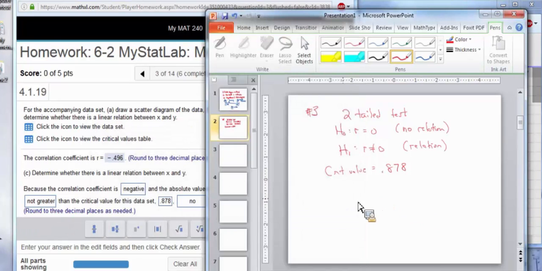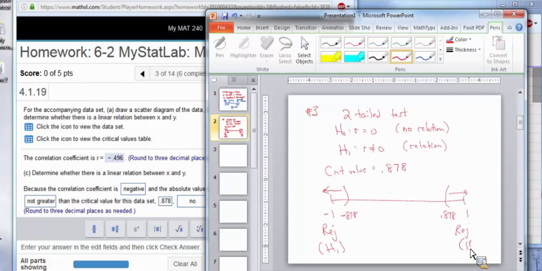So in the classical method, I'll make this a little bit bigger. This is a two-tailed test, so everything from minus 0.878 to the left is a reject. So this means we believe H1. Everything from positive 0.878 to the right is a reject. So here's also where we believe H1. It's a two-tailed test.